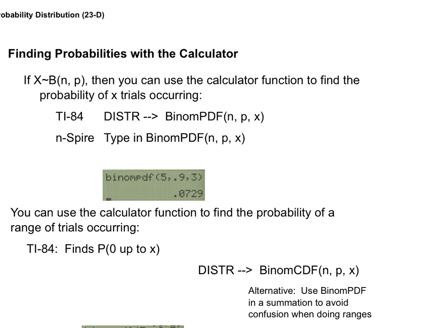PDF stands for probability distribution function. Since all of us have either the 83 or 84, if you look near your down arrow, you'll see the vars button. If you hit second vars, it says DISTR, which stands for distributions. You'll see a number of options. If you scroll down to letter A, you'll see binomial PDF.